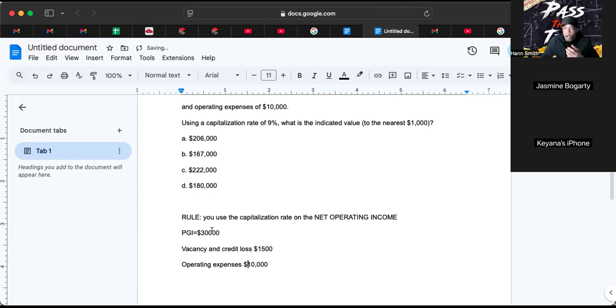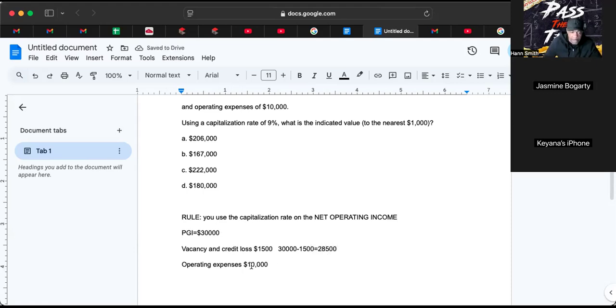All right, so we know based on that sheet I just showed you, we need to subtract the vacancy and credit loss from this, and the operating expenses. So let's do that. 30,000 minus 1,500 equals 28,500.